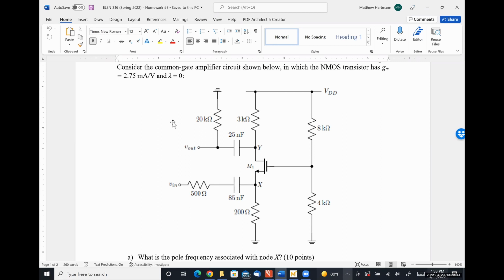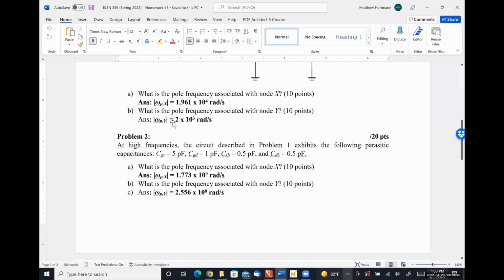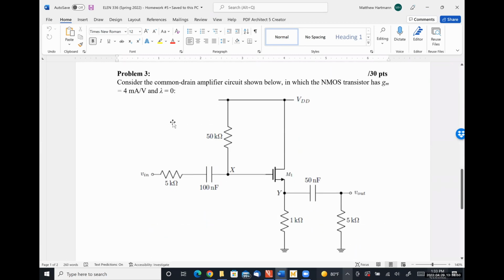So that's how you would do problem 1 and problem 2. Just problem 2 uses the parasitic capacitances. Problem 3, you can do the same thing, or you can do the direct analysis. Literally either way, you will wind up getting the exact same numerical answers. I mathematically proved it to myself yesterday evening.